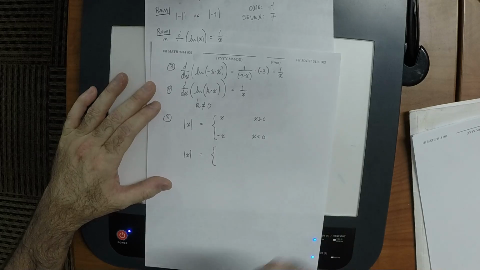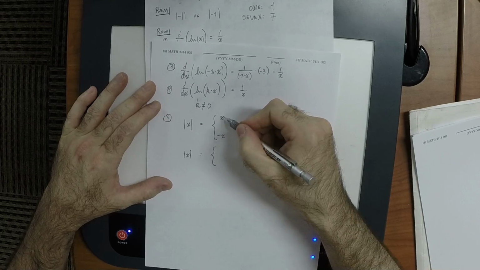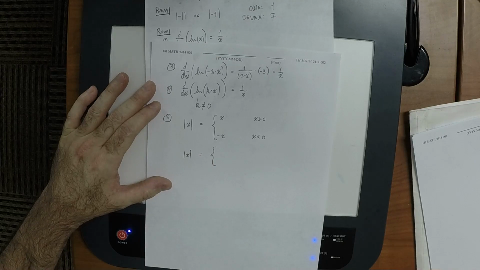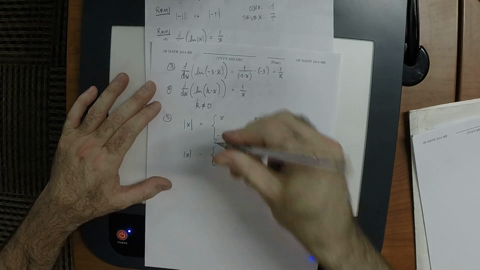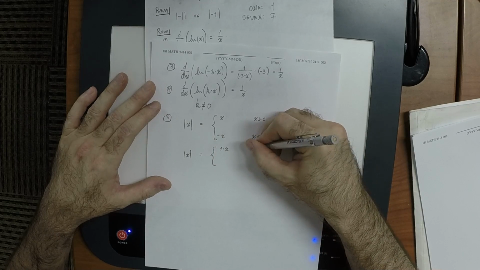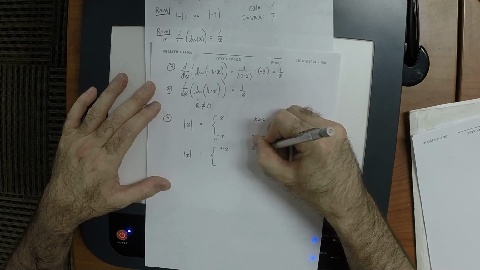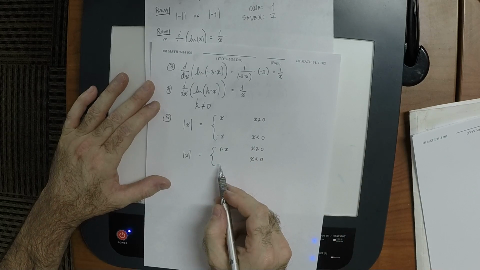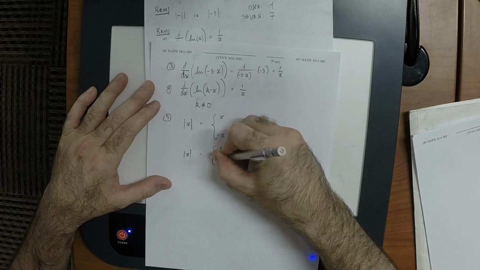You could say that, I'll write it like this. Notice that the output of absolute value is always the input, and it has to be multiplied by something. In this case, you multiply the input by 1. And in this case, you multiply the input by negative 1.